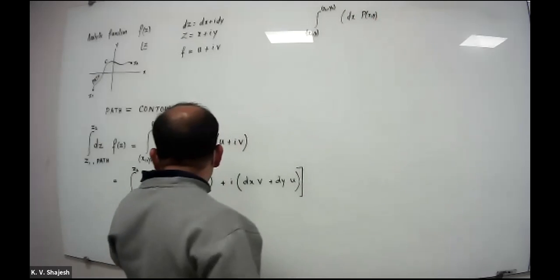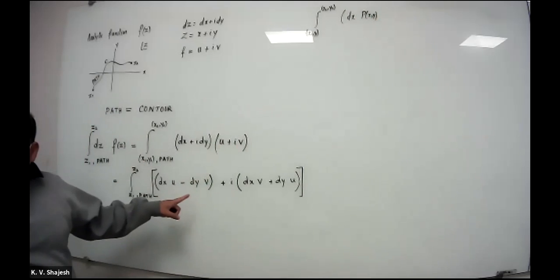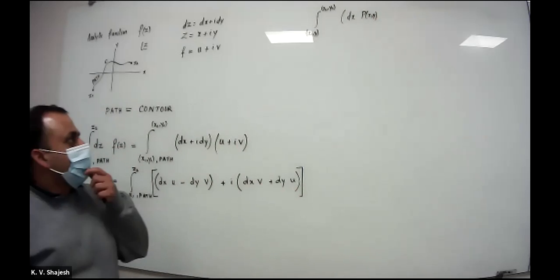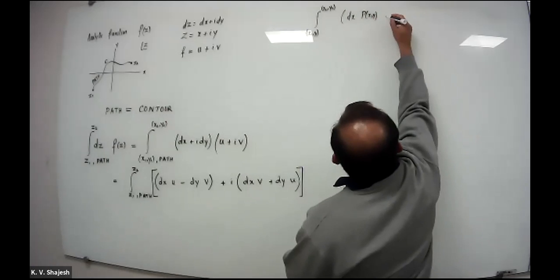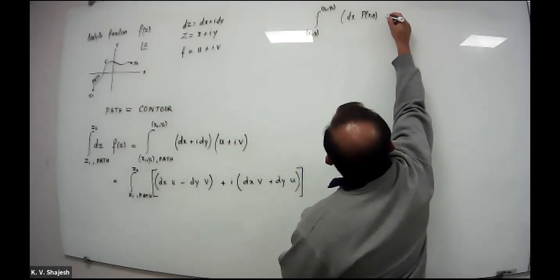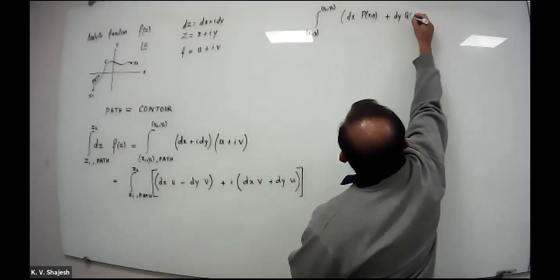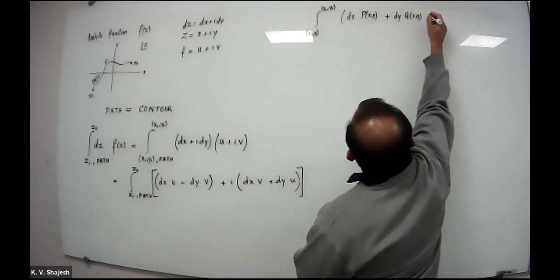P is some arbitrary function. P can be u, p can be v, some arbitrary p of x and y, so making it very general, and plus dy times q of x comma y.